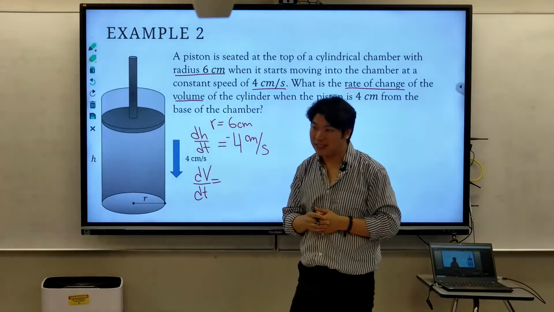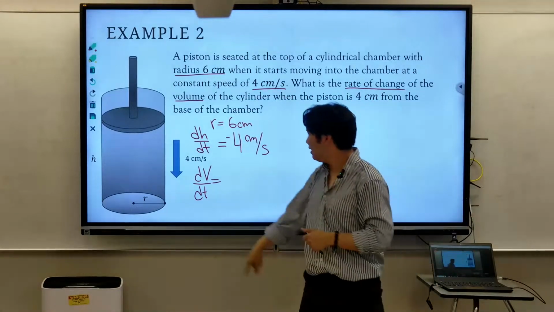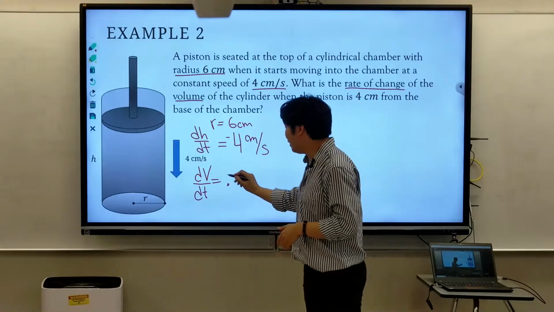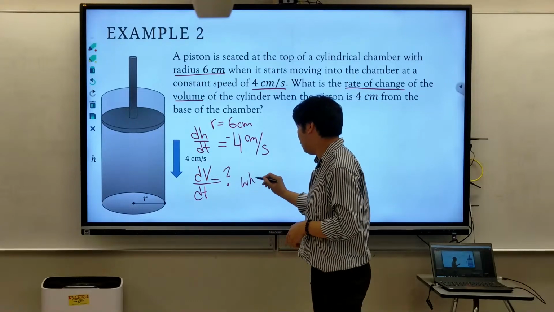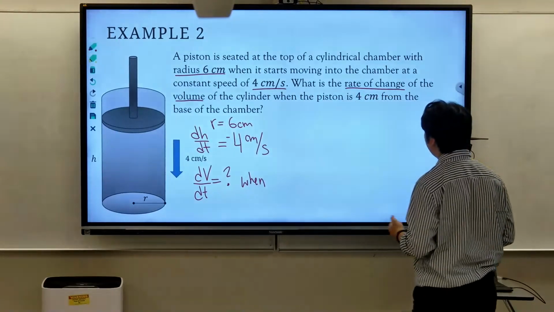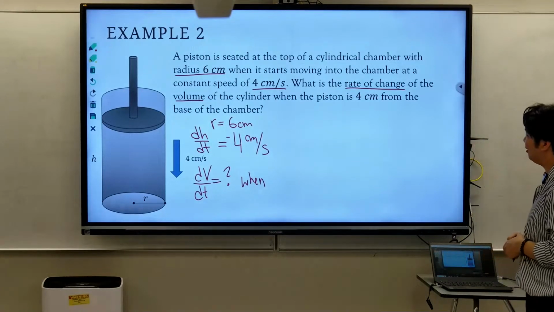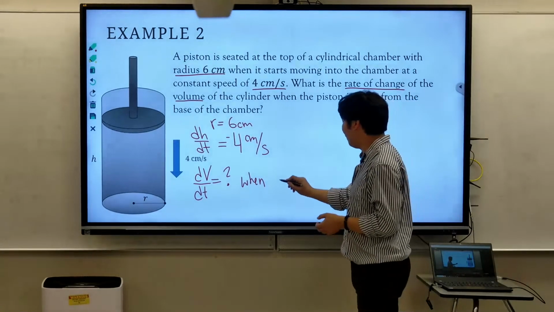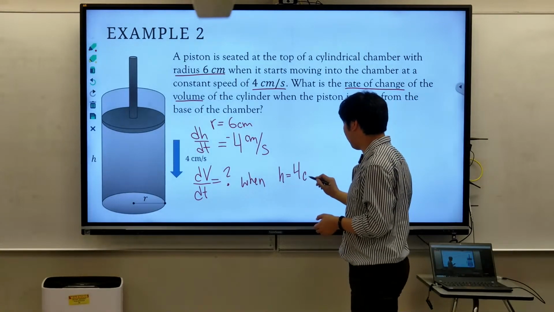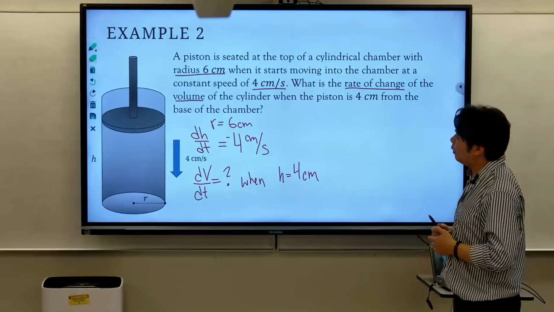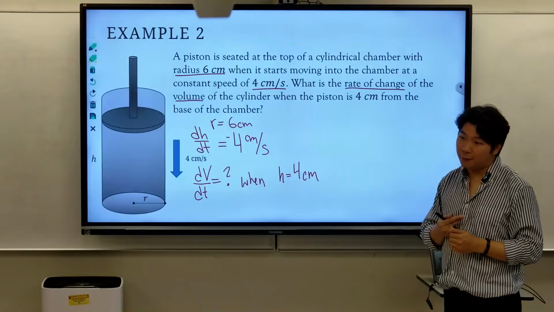Yes, dV over dt, because it's a rate of change of the volume V. This is what I'm trying to figure out. When the piston is 4 centimeters from the base of the chamber, what does that mean in terms of my variables or equations? When height is 4 centimeters. So this answers my question of what am I given and what am I solving for.